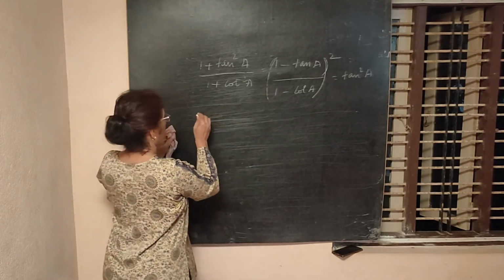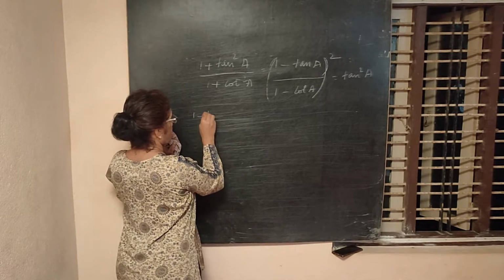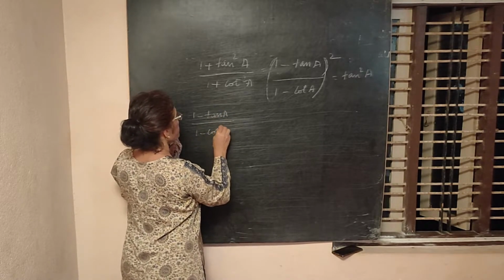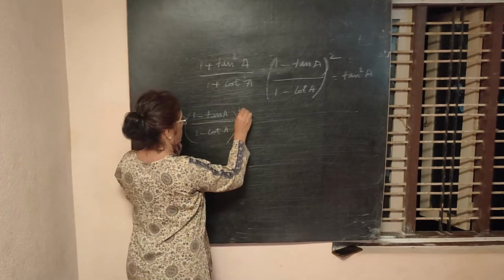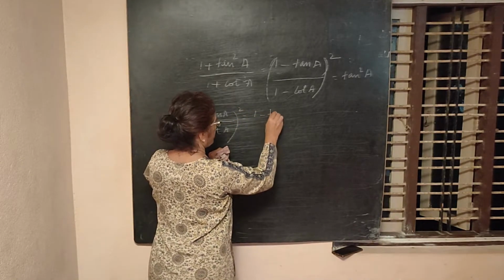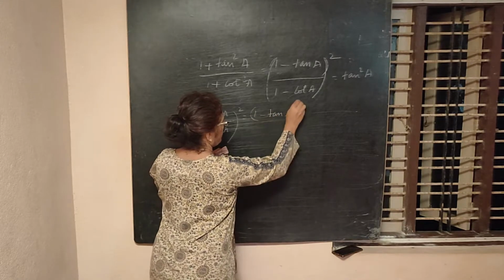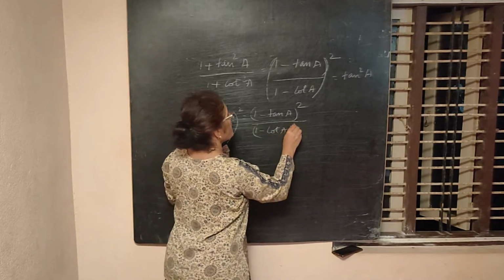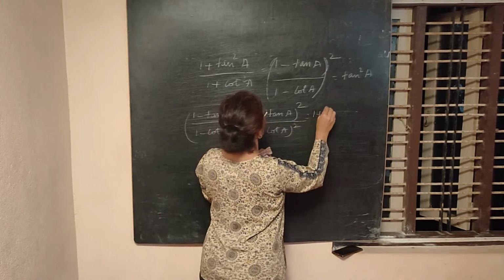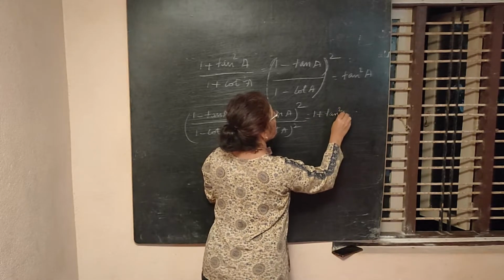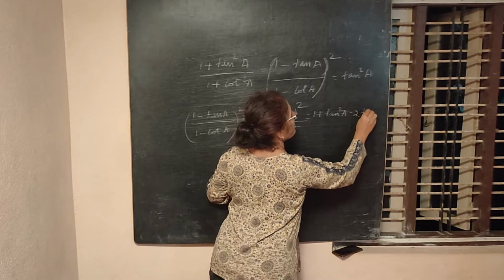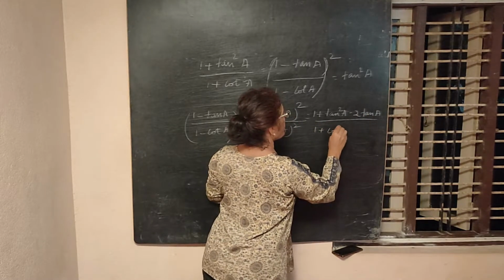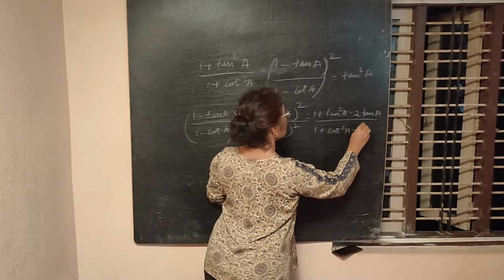So let me start from 1 minus tan A the whole square divided by 1 minus cot A the whole square, is equal to 1 plus tan square A minus 2 tan A divided by 1 plus cot square A minus 2 cot A.